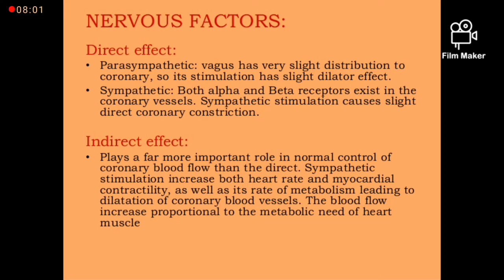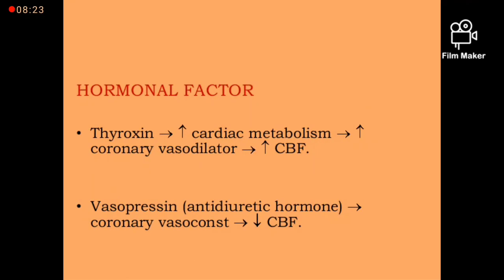Nervous factors: direct effect is due to parasympathetic control by the vagus, and indirect effect plays a far more important role in normal control of the coronary blood flow than the direct. Direct is for emergency conditions and is controlled by the parasympathetic, and indirect by the sympathetic, and it controls the normal condition. Hormonal factors: thyroxine increases cardiac metabolism and acts as a coronary vasodilator.